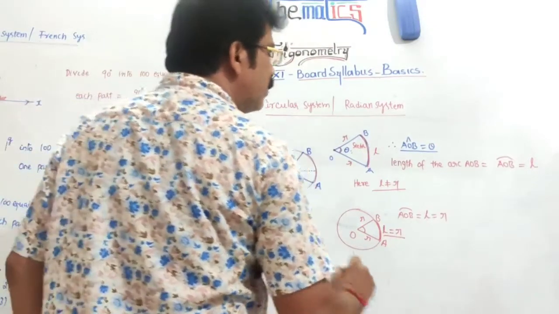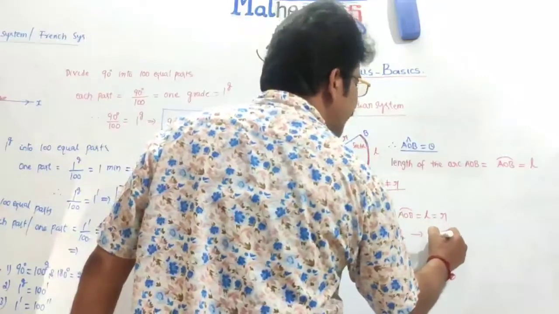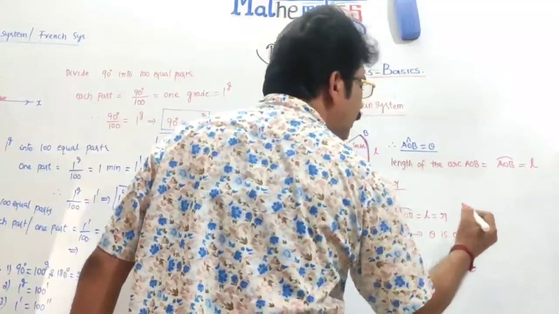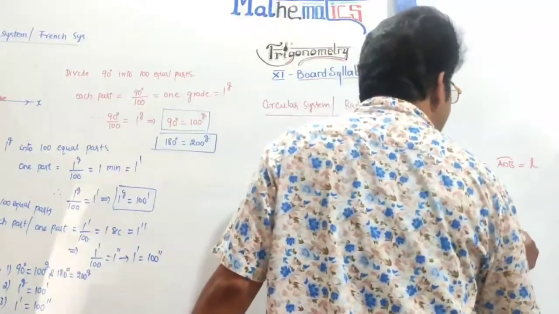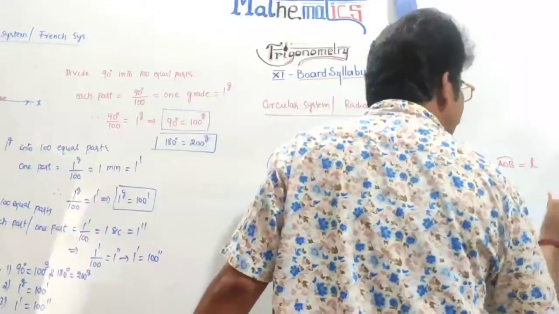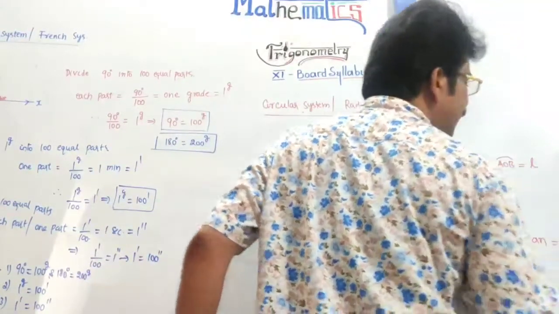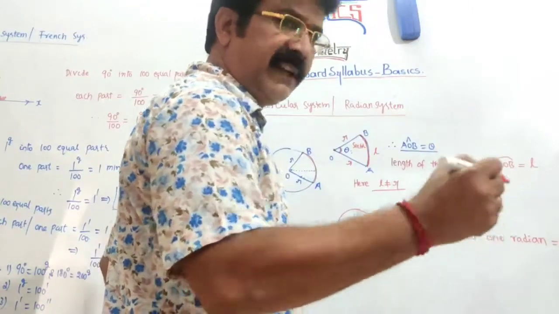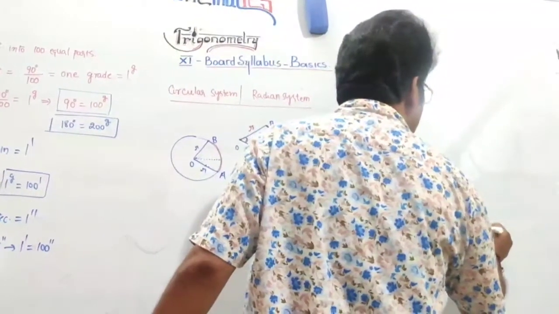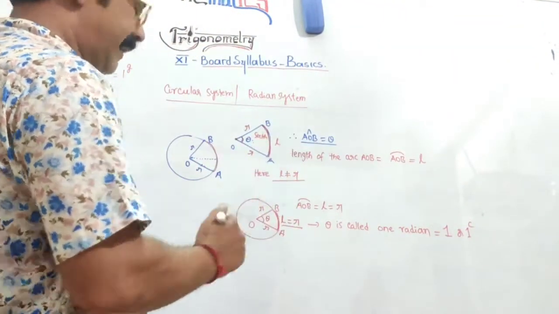In this case only, this angle theta is called 1 radian. Actually, it is denoted by simply the number 1, a real number, 1 to the power of small c, like that. It is called 1 radian.